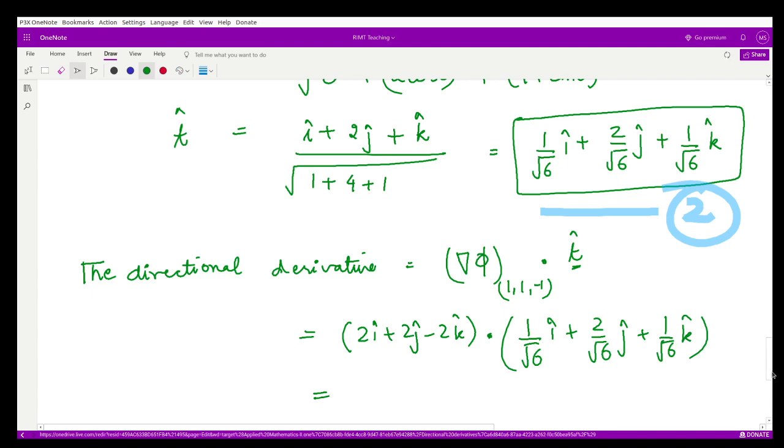So this is equal to 2 by square root 6 plus 4 by square root 6 minus 2 by square root 6. So this and this cancel. So finally you have 4 by square root 6 as your directional derivative. So this is your final answer, right? I hope you understood this concept. Well, that is it for this video. Thank you for watching.